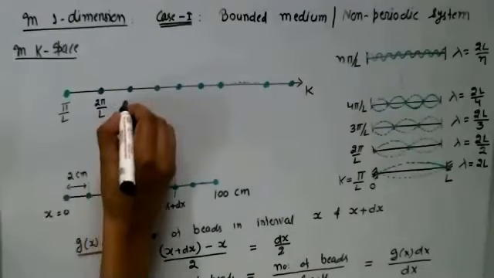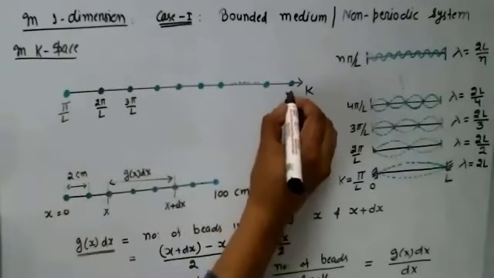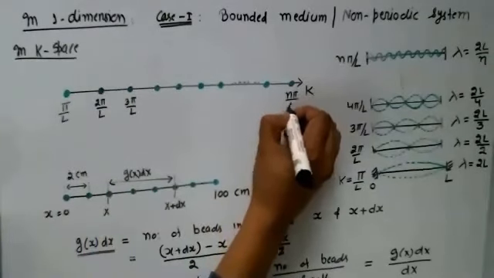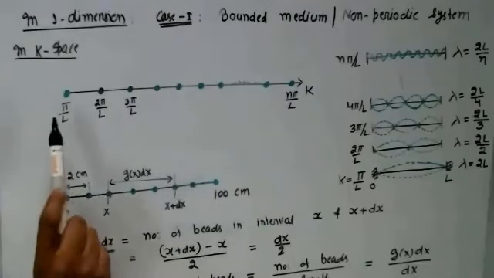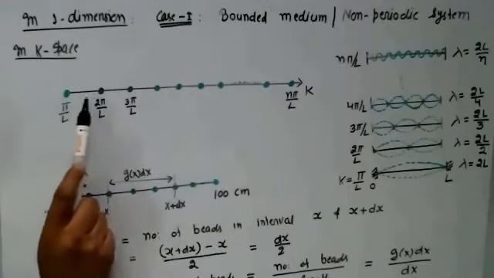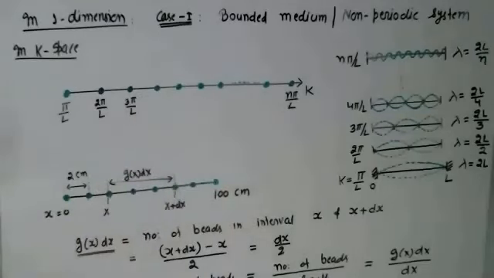If you want, you can mention the value 3 pi by L, and at the last it will be n pi by L. So can you now see, I'm almost making the same diagram. There it was beads: this is the first bead, second bead, third bead. Instead now we have the first quantum state, second quantum state, third quantum state, and so on. Clear this part? Yes, sir.